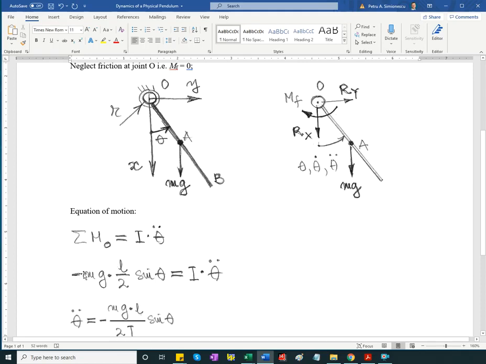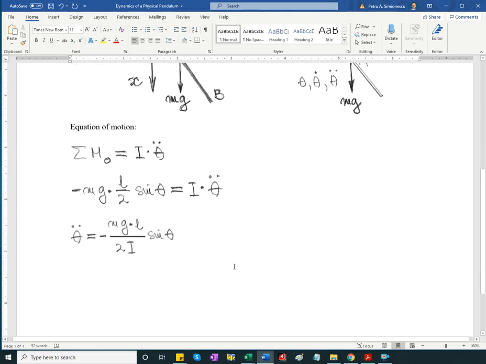So I have the force times the arm of the force, again L over 2 times sine of theta, and this is equal to the moment of inertia about point O times the angular acceleration, explicitly theta double dot, the second derivative of theta with respect to time.